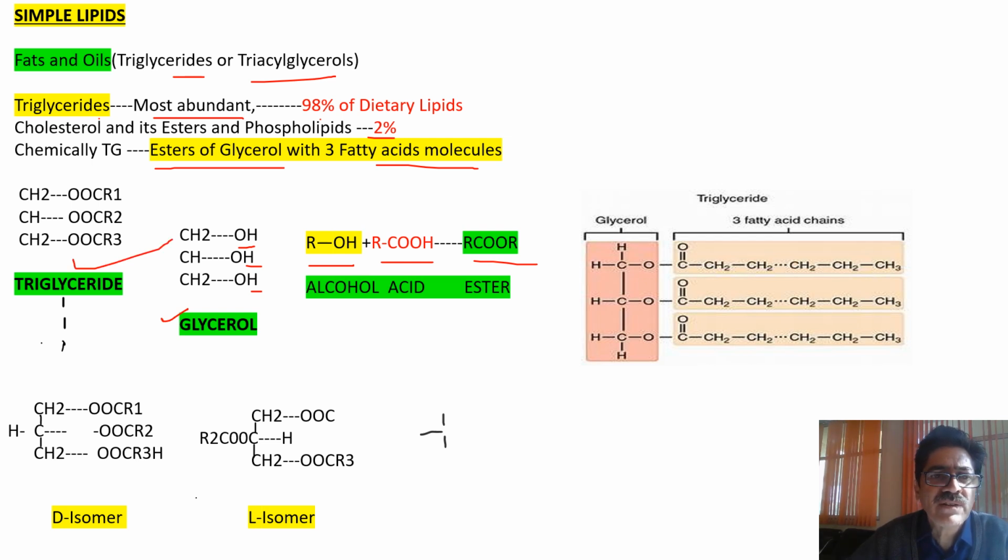This is the general formula of triglyceride you can see over here. From this figure also you can see the three OH groups of glycerol are attached to three fatty acid molecules. So the resultant compound is triglyceride. Now let us see the next slide.